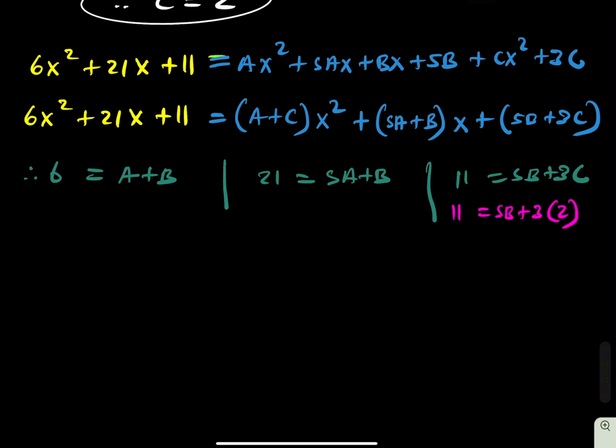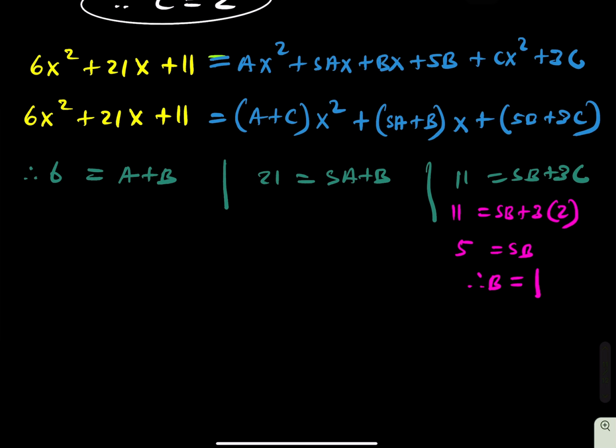So what are you going to get there? This is going to be 11 minus 6, that should be 5b. Therefore, b should be equal to 1. So b is 1.